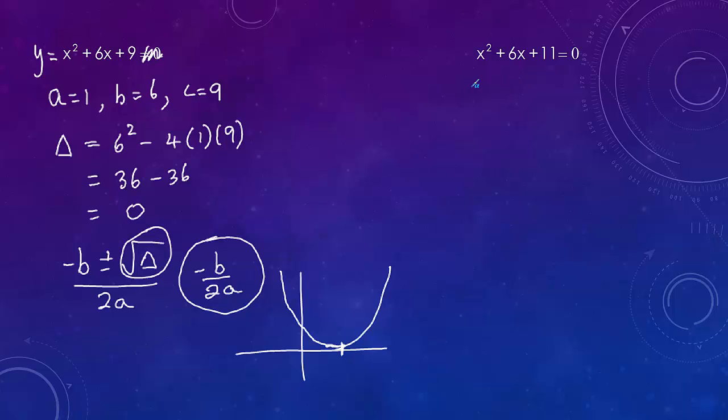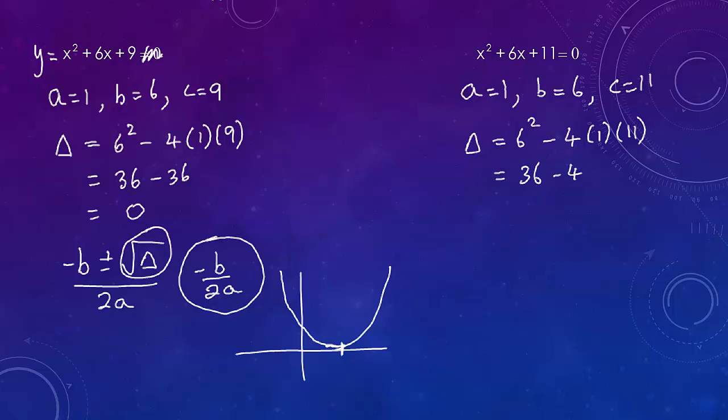Now let's look at this one. So we've got a is equal to 1, b is equal to 6, c is equal to 11. So that gives us 6 squared, take away 4 times 1 times 11, which is 36, take away 44. So that's negative 8.